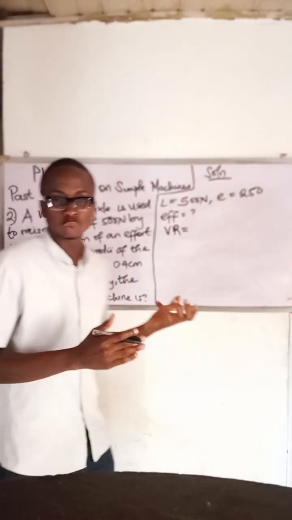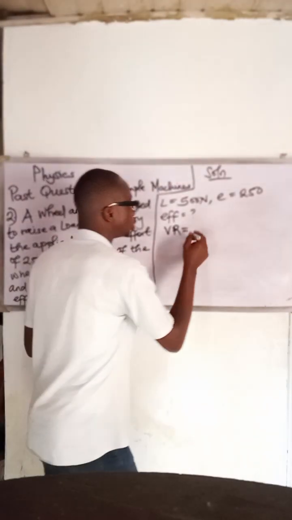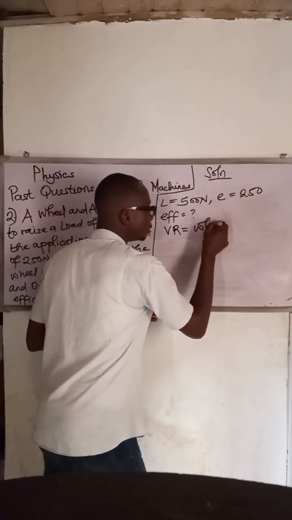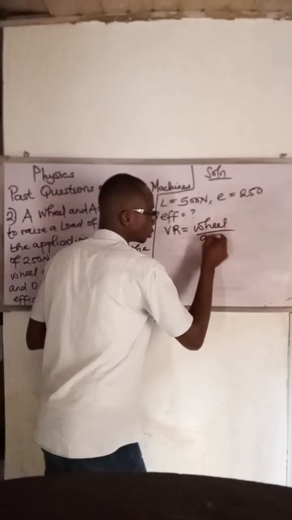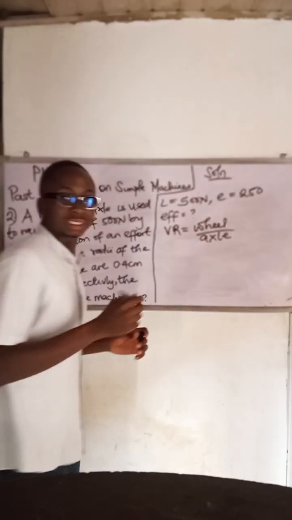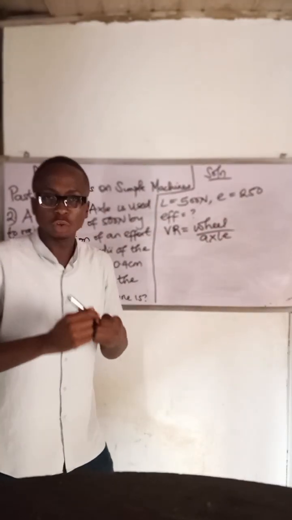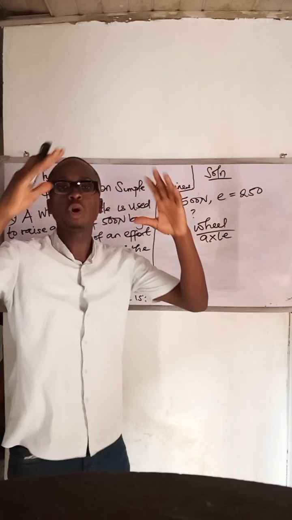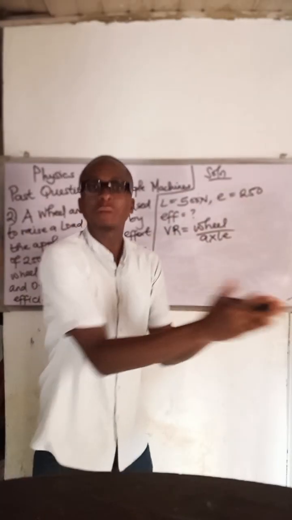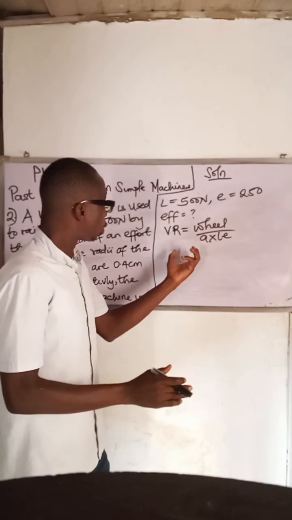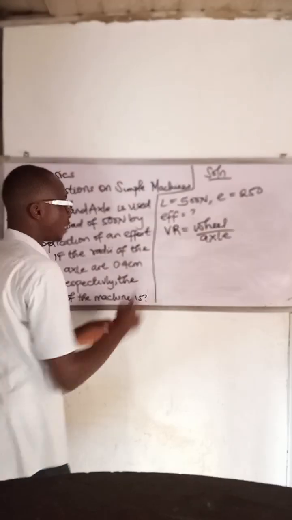For wheel and axle, the formula for velocity ratio is wheel all over axle. I'm going to make a video and state the whole formulas we use for different machines. But for wheel and axle, the formula is wheel over axle.